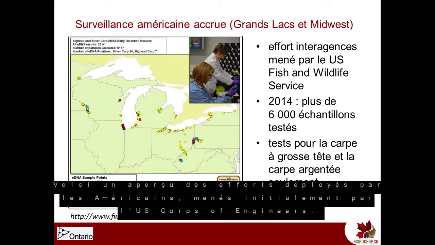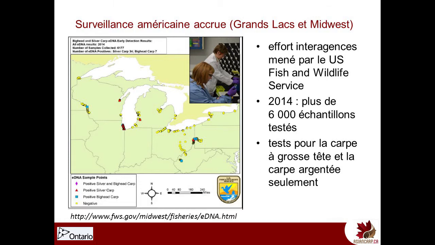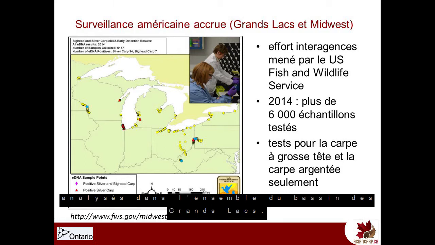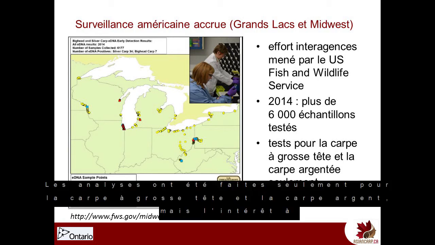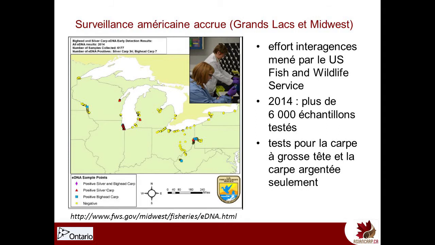So this is one snapshot of the U.S. efforts. It was originally led by the U.S. Army Corps of Engineers. Since 2013, it's been led by the U.S. Fish and Wildlife Service. To give you some idea, in 2014, over 6,000 samples were collected and tested across the Great Lakes Basin, testing just for bighead and silver carp, although there is increasing interest in starting to test for grass carp as well.